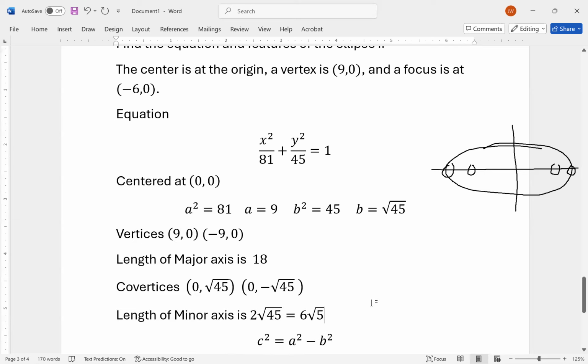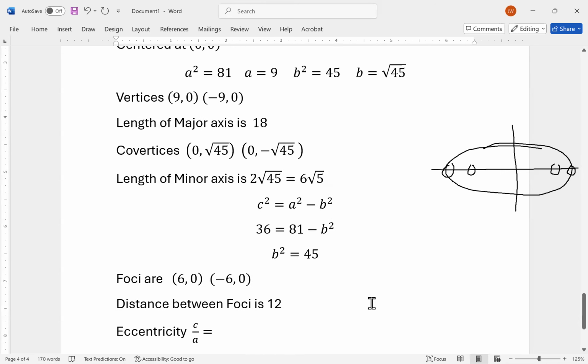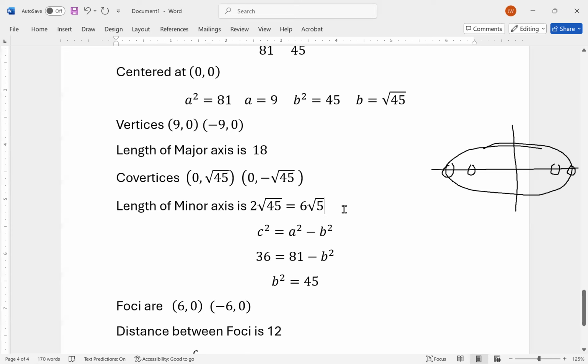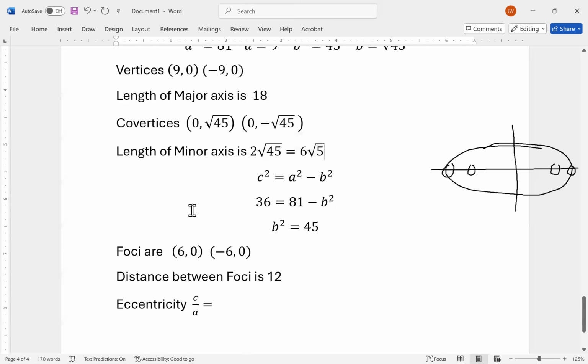And why I said that c was +6 rather than -6. So there you go. That's how you can utilize a few features of the ellipse to give you the equation for that ellipse, and then also all of the other features that we're concerned about in an ellipse.